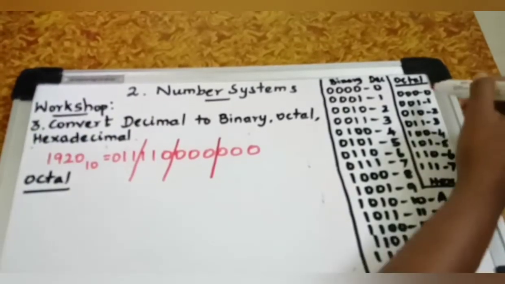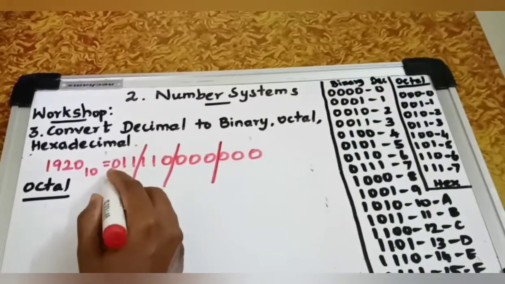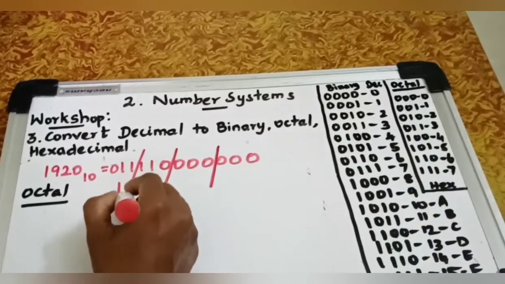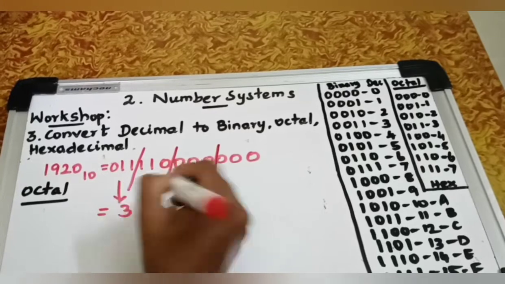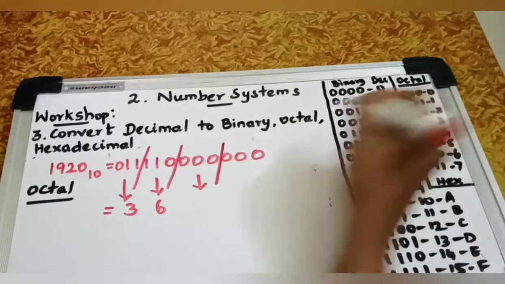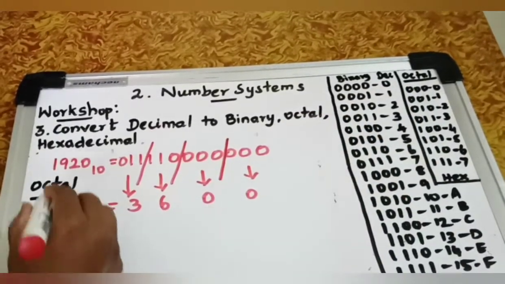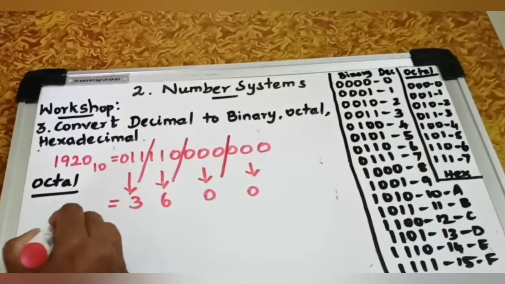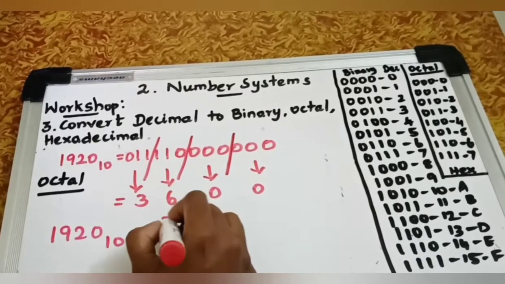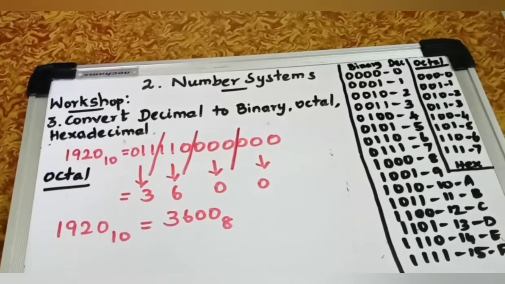Using this chart, what is the equivalent value for this binary value? 0 1 1 is 3. And 1 1 0 is 6. Then 0 0 0 is 0, and 0 0 0 is 0. So what is the octal value for 1920 base 10? The equivalent octal value is 3600 base 8. So this is the conversion to octal.